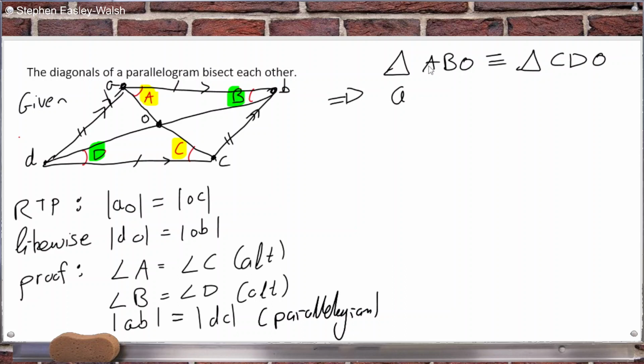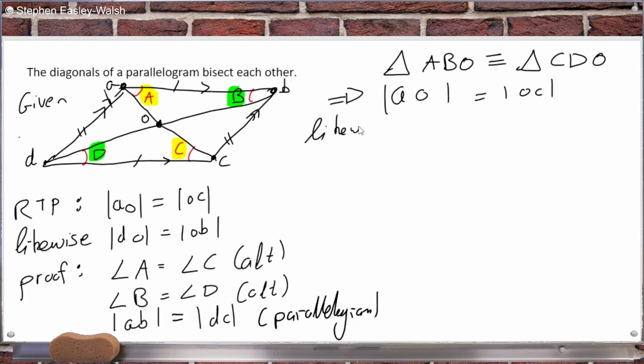Okay, so if those two triangles are congruent, then we can say, let's see, the length AO is equal to the length opposite the green, OC. Okay. And could we do the other one as well?